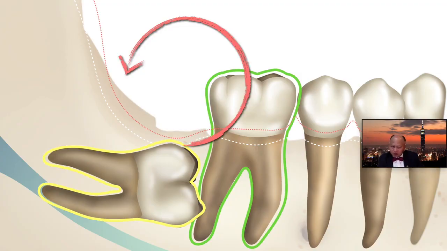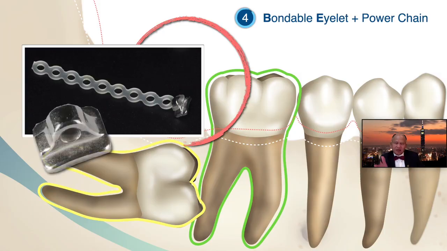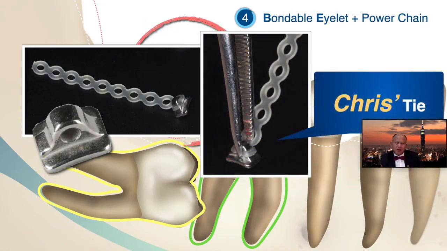So in order to provide a counterclockwise moment, which is a pulling mechanic, probably the best way is to give an anchorage behind this tooth and use this bondable eyelet and power chain. And how can you put this power chain into this bondable eyelet?